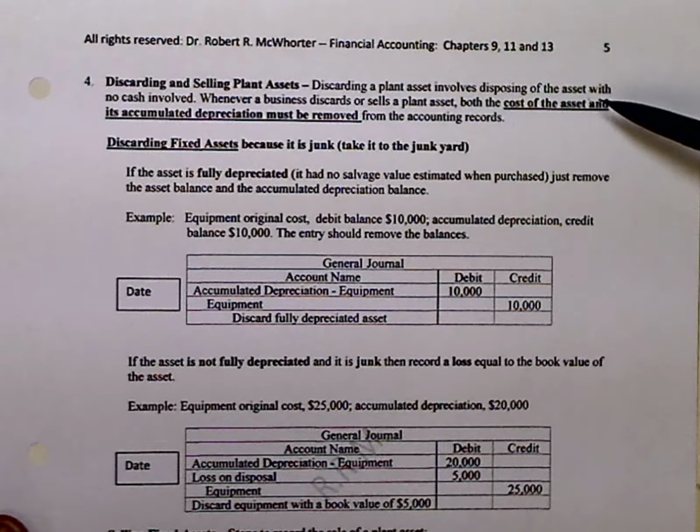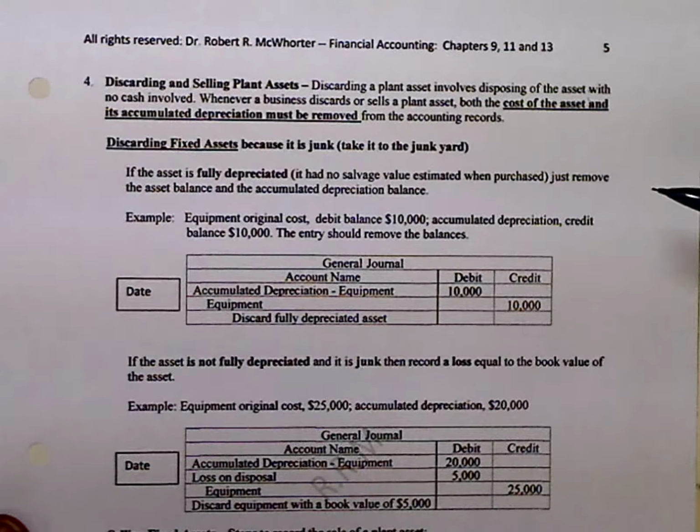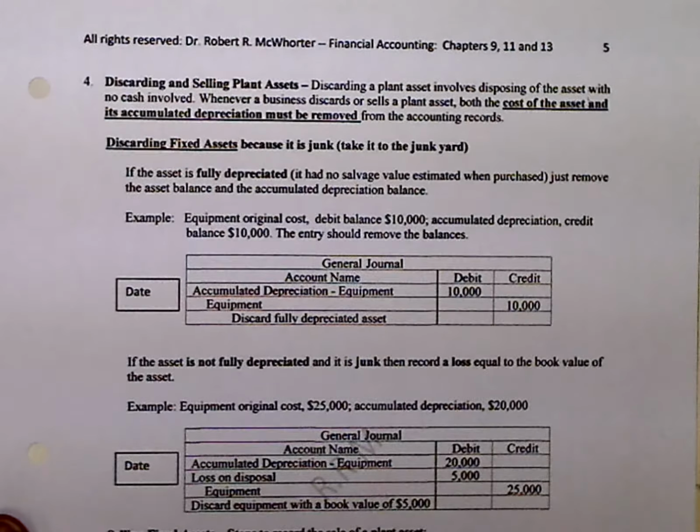You'll leave the asset there and the accumulated depreciation on your books. You're 6 years into it. My gosh, this machine's still going strong. You just leave it there until such time as it blows up or you sell it.